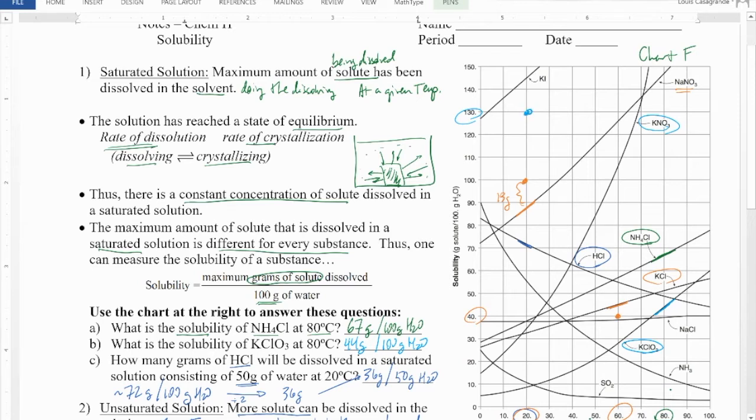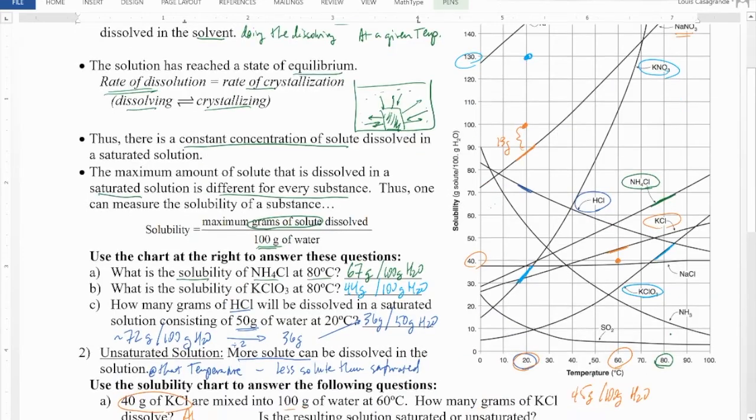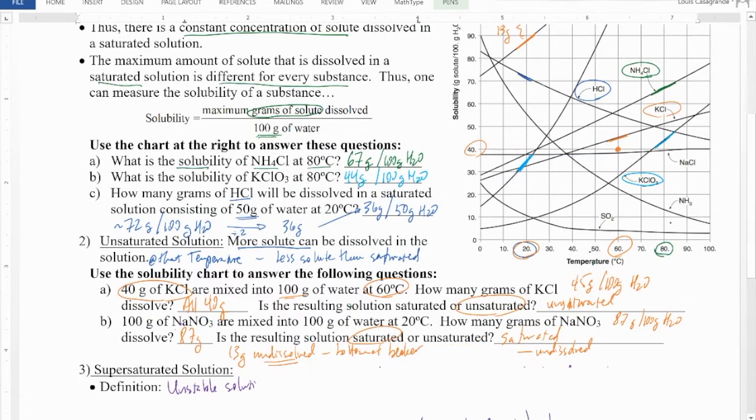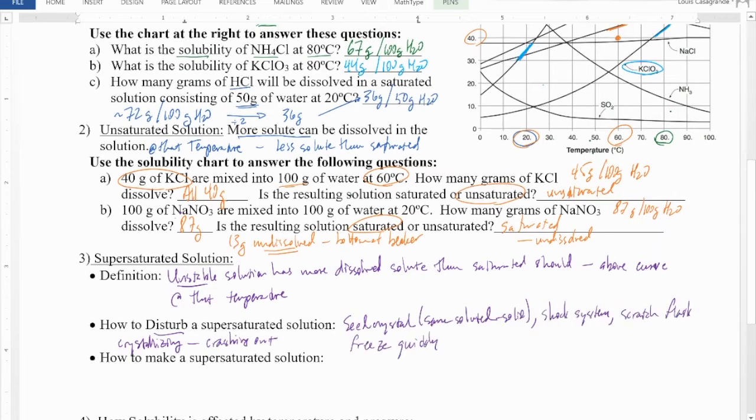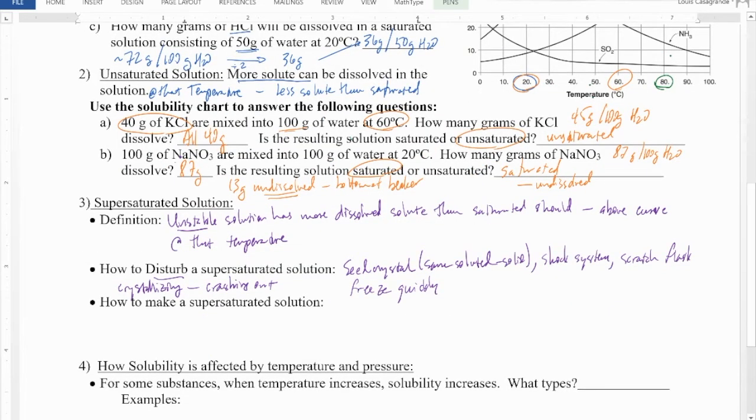So we're way up here, well above the saturation limit for potassium nitrate.